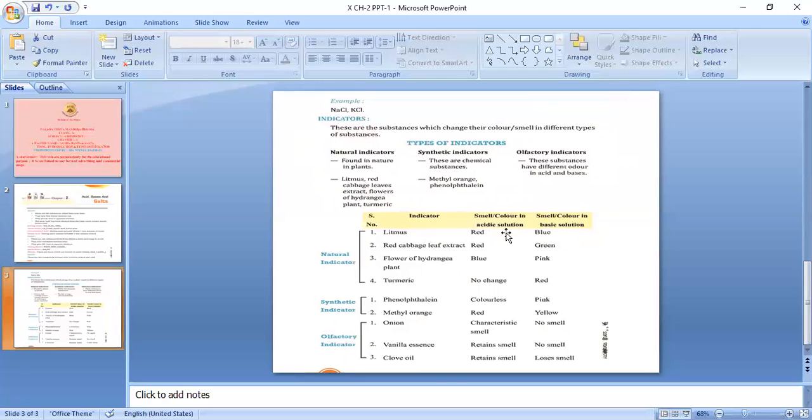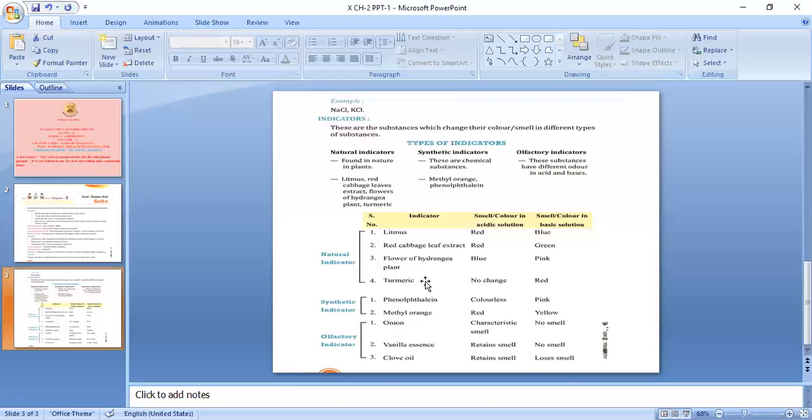The red cabbage leaf extract shows red color in acidic solution and green color in basic solution. The flower of hydrangea plant shows blue color in acidic solution and pink color in basic solution.